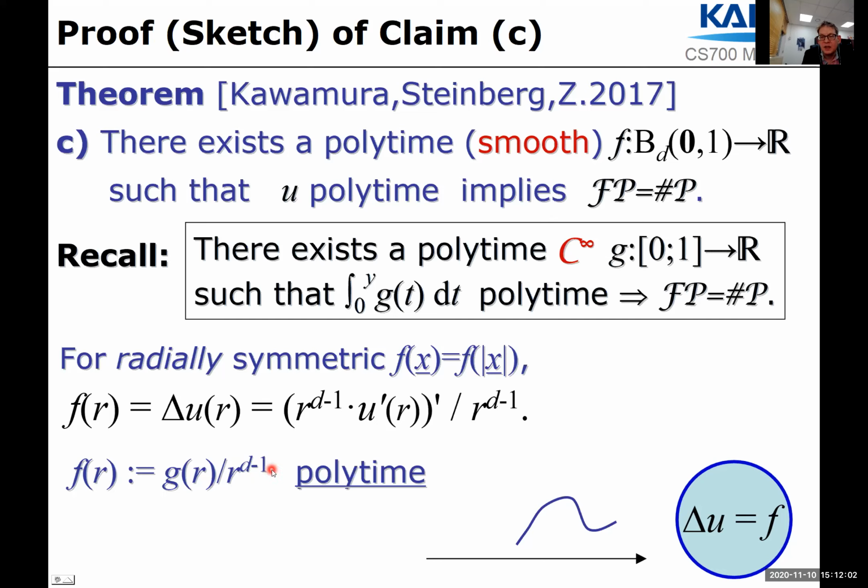Now here it says this is polynomial time computable, and that should immediately raise a question, because obviously there's a division by 0 problem here when r tends to the center of the unit disk. Then there's division by 0. So this is not even well defined in general, not to mention polynomial time computable.